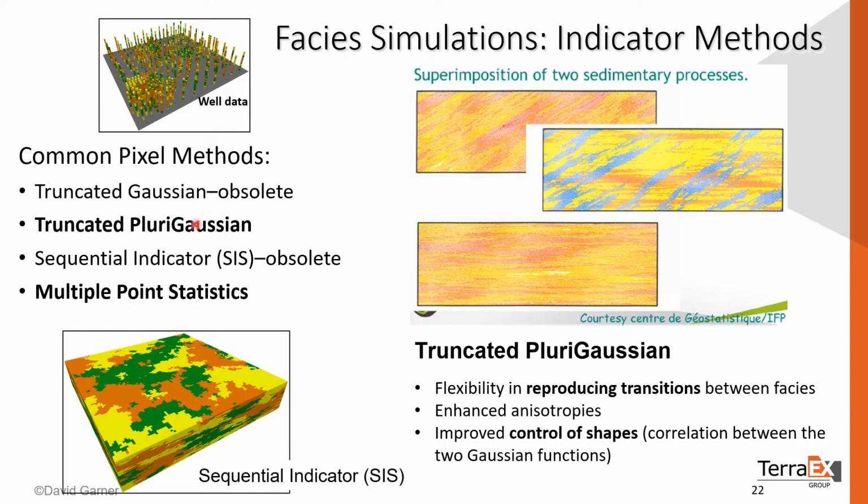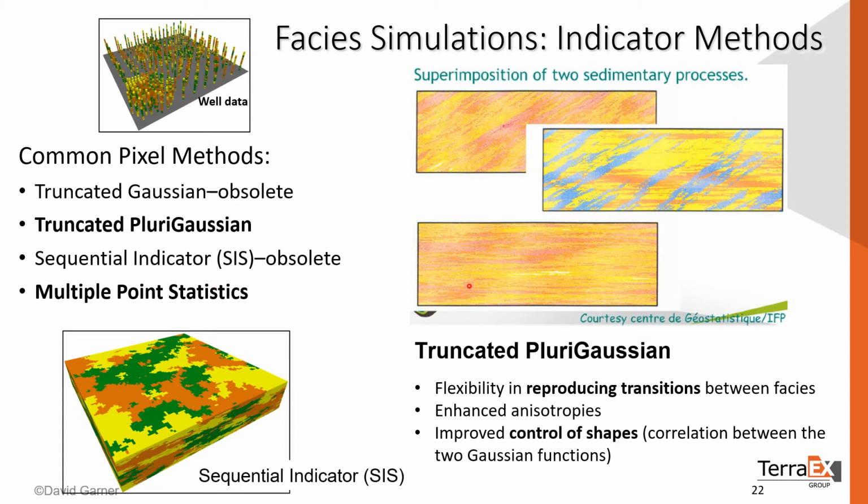The truncated plurigaussian is going to be the one in this talk, and it's an extension to two random Gaussian models, truncations. Sequential indicator is one of these 2 old methods. It's commonly used, and then multipoint is an extension of that we should be using more of.